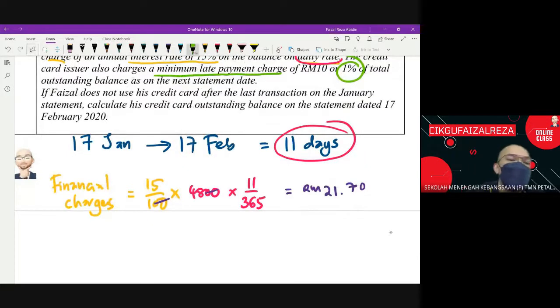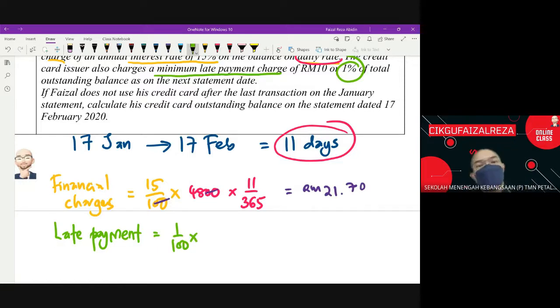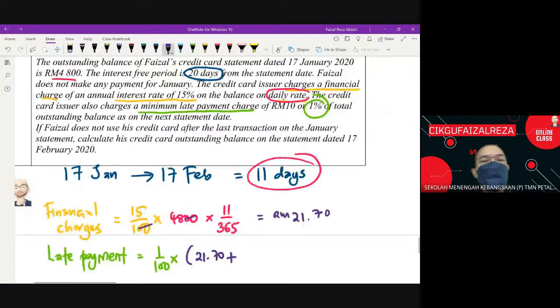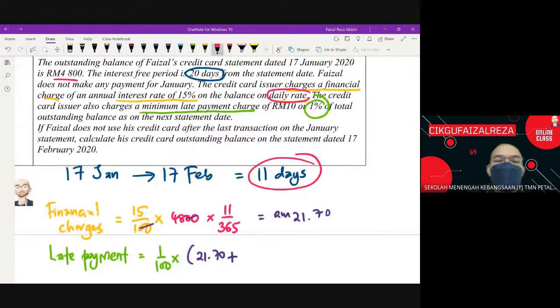So the late payment charge is 1% from our 21 ringgit and 70 cent and also our outstanding balance of 4,800 ringgit. It is going to charge you double: first the financial charge, and also from your outstanding balance.